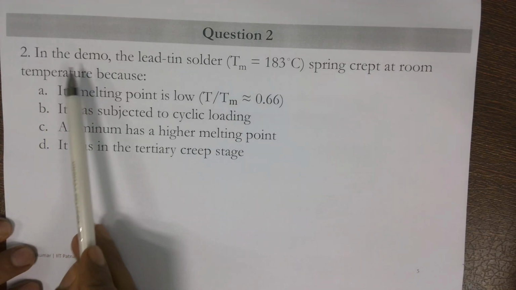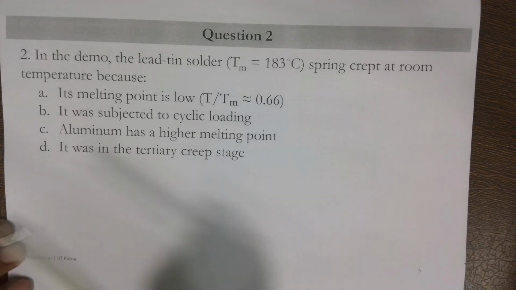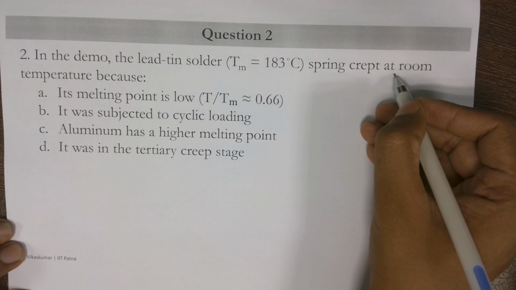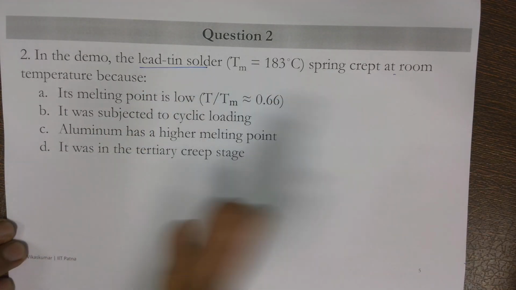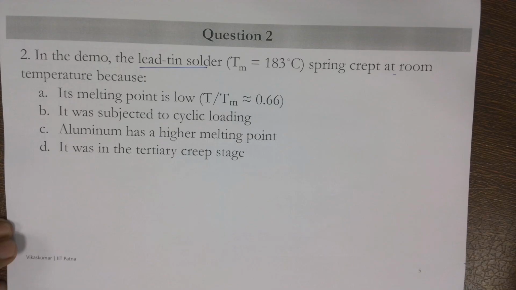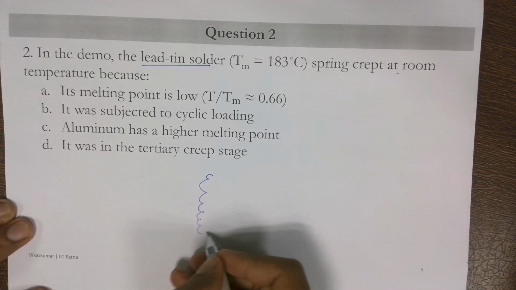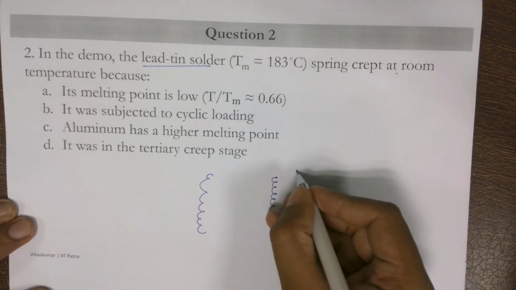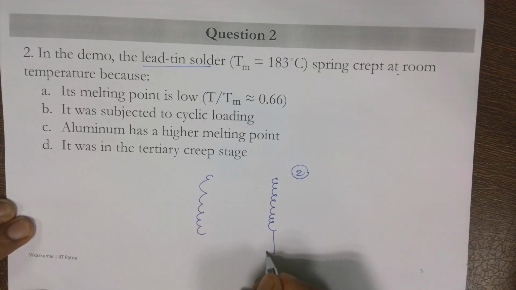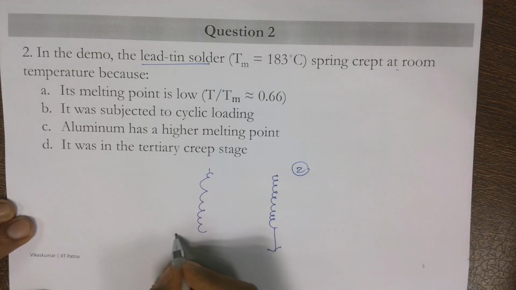In the demo which we saw when we were talking about creep, Srikant, the assistant to Professor Rajesh Prasad, demonstrated two springs, and there we saw that spring 2 was undergoing elongation with time. Spring 1 was remaining as it is.